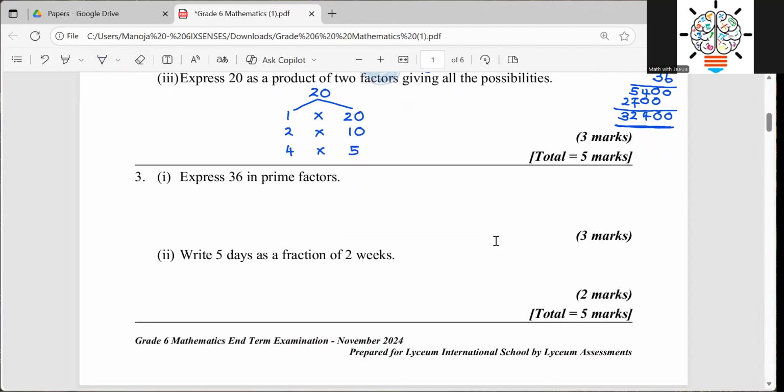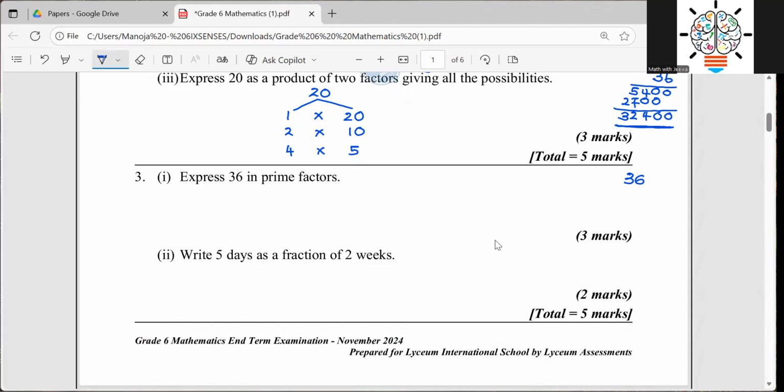Express 36 in prime factors. First of all, you want to recall your knowledge that these are the factors, right? So then first you want to understand 36. First of all, tell me, children, what are prime factors or the prime numbers? The numbers which can be divided only by 1 and itself.